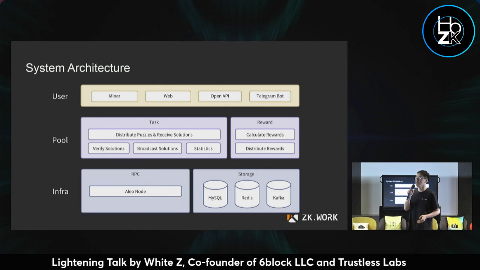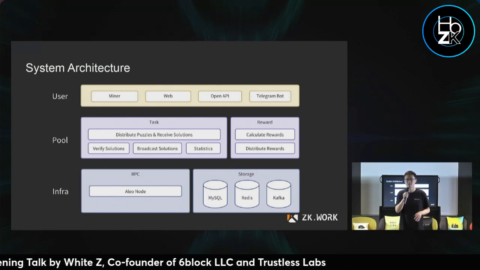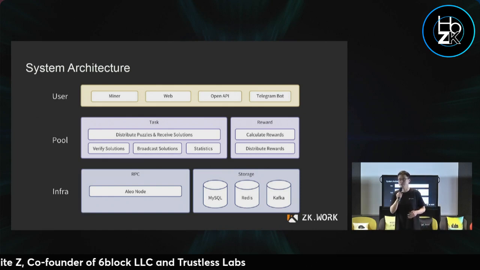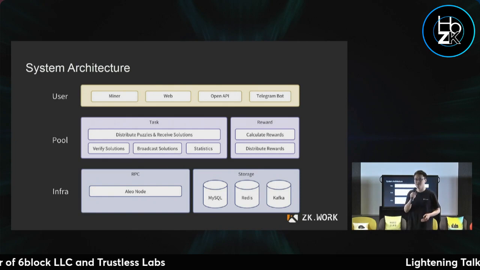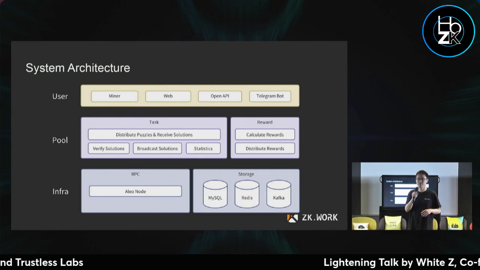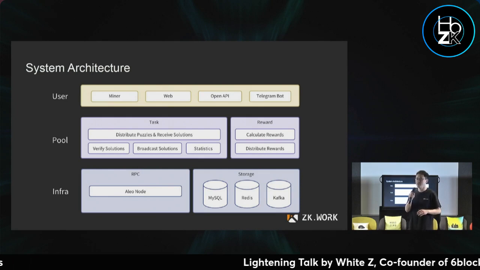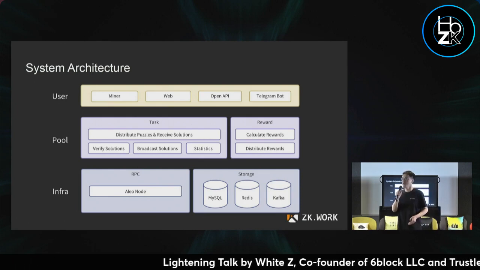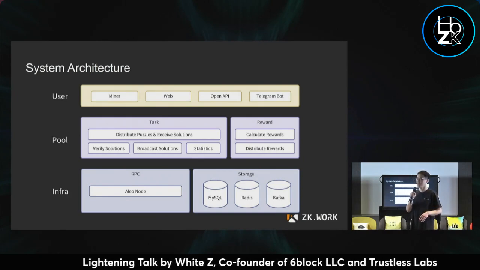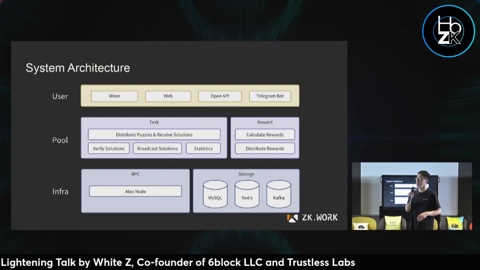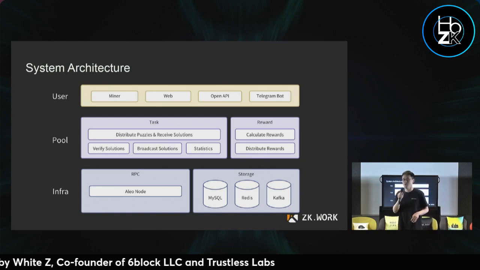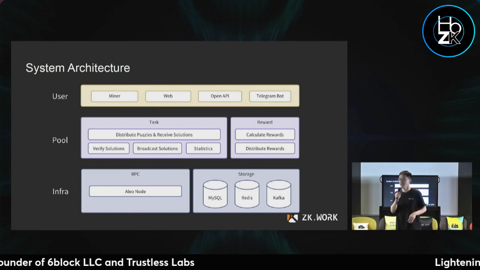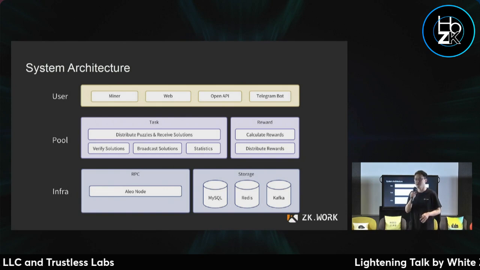The third broadcasts the solutions to the Aleo network to get rewards. Then there is a statistics module, which is used to calculate all the indexes of the mining pool. The right part of the mining pool layer is the reward part. We use it to calculate the rewards and distribute them to all the miners.